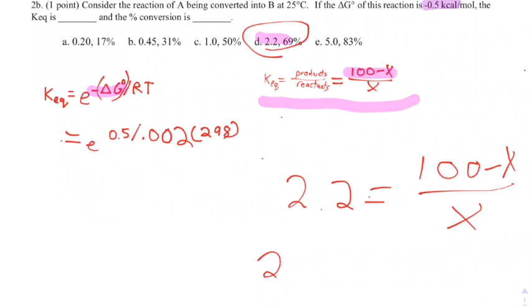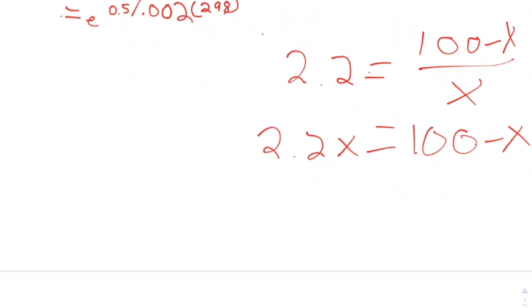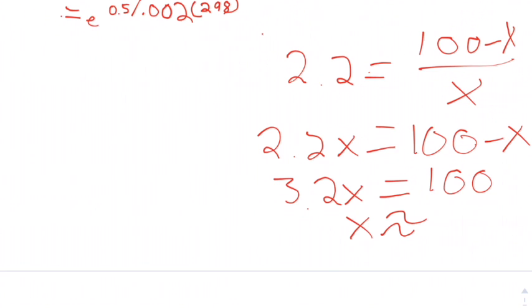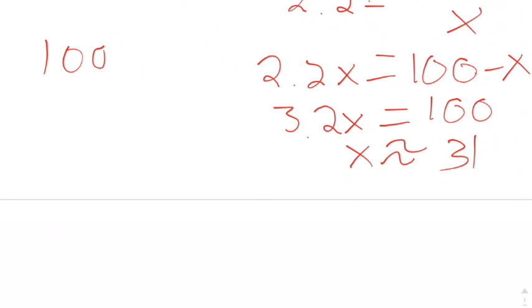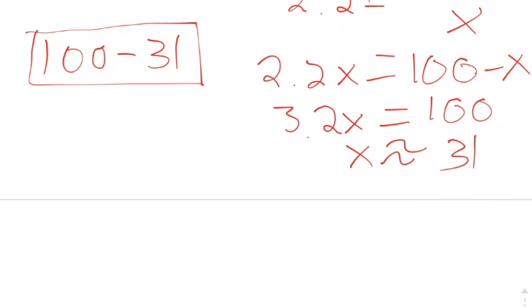Move the x over, 2.2x equals 100 minus x. Add x to both sides, and you would have 3.2x equals 100. Then you would divide both sides by 3.2, and x would be about 31. 100 minus 31 is what our percent conversion actually is. So we end up with about 69%.